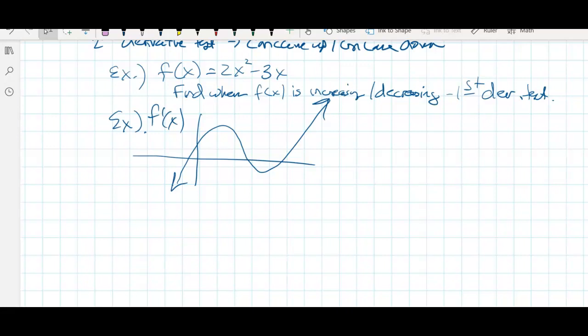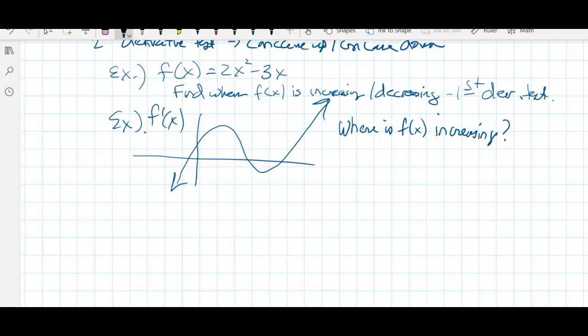Without knowing what the function is, where is f of x increasing? So that's what I mean by you got to know these relationships, right? So when you look at that graph and I ask, hey, where is f of x increasing? It's increasing where the derivative is positive.